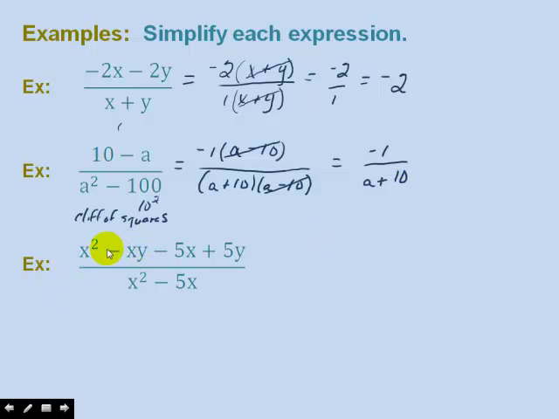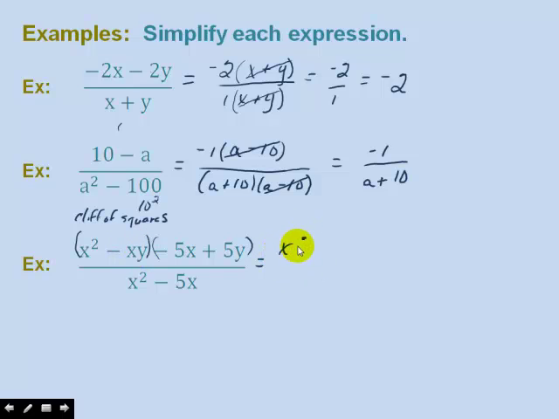Okay, our final example here on the top, since we've got 4 different terms, we're going to use factoring by grouping. So remember, that means that we group the first 2 terms together, we group the second 2 terms together, and we factor out whatever they have in common. So between these first 2 terms, we have an x in common.